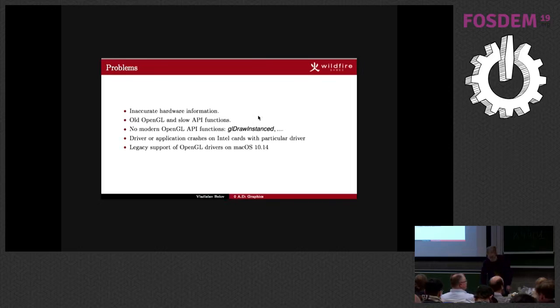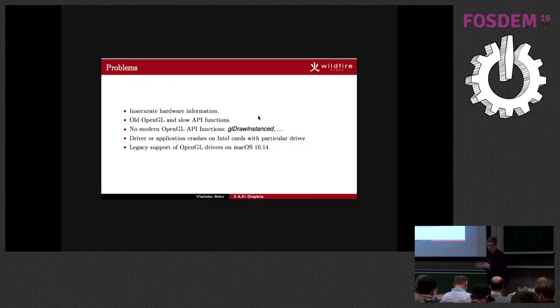So, what kind of problems? Old OpenGL. We can't use modern OpenGL functions because we use old libraries that don't provide us constant stable functions like draw instanced, because they don't have it at all. For example, on Mac OS mostly we don't have modern functions like draw instances.